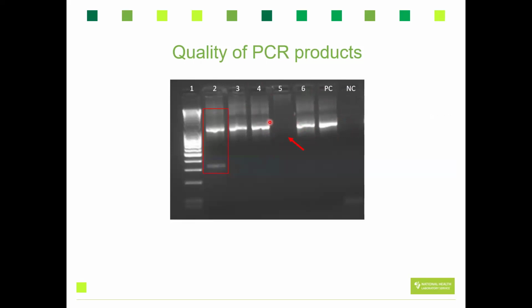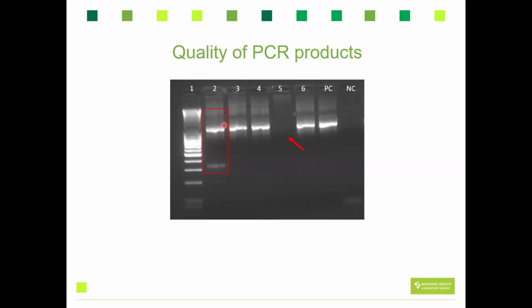Often it's low viral load or poor sample storage. If the sample comes from far away and takes 7 days to get here, the RNA might be partially or completely degraded, and we don't have good material to start from. But we can't test that upfront. We have to do our PCR to check.